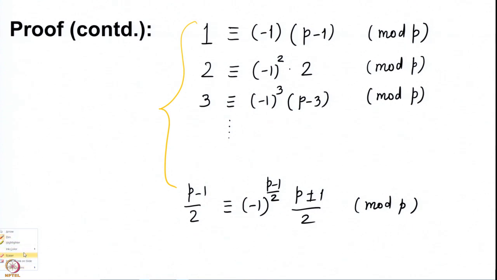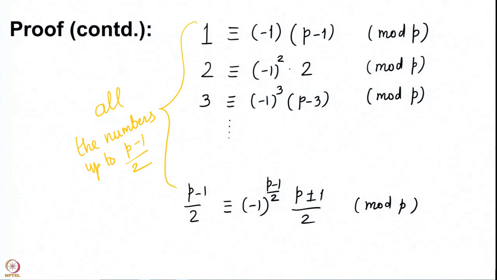The elements on the left hand side are all the numbers up to (p minus 1)/2. So, these are exactly half the numbers that we are writing on the left hand side, and on the right hand side observe that p is odd.